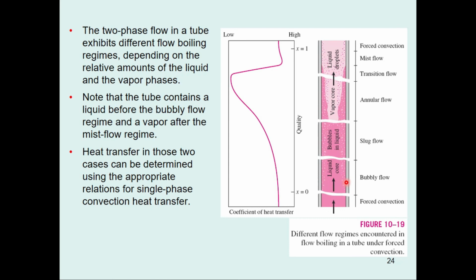So the bubbles produced from the wall are being moved away and go along the mainstream of the liquid. This gives the fluid flow a bubbly appearance in this second regime, and thus this is called the bubbly flow.